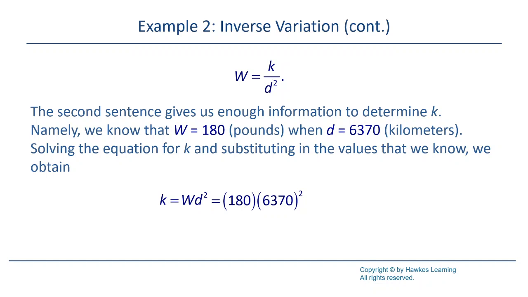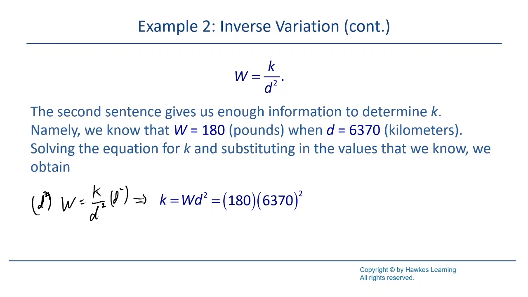So first thing, we have the weight is equal to k divided by d squared. Multiply both sides by d squared. And if you wanted to, this is completely up to you. Notice the first one I solved, I plugged in the values and then solved for k.